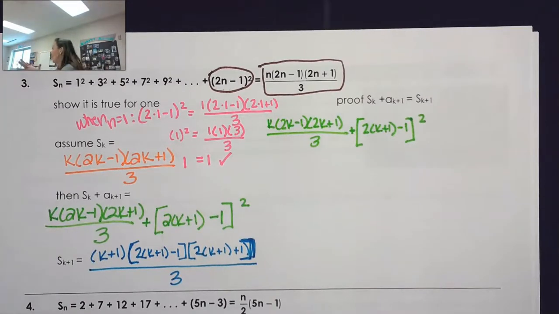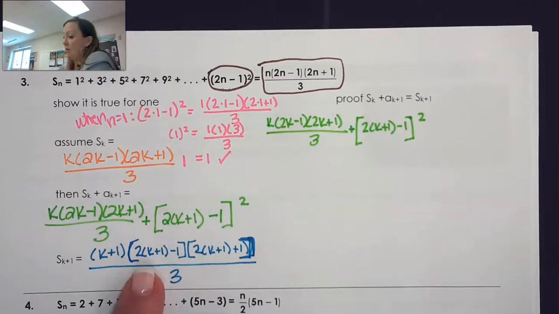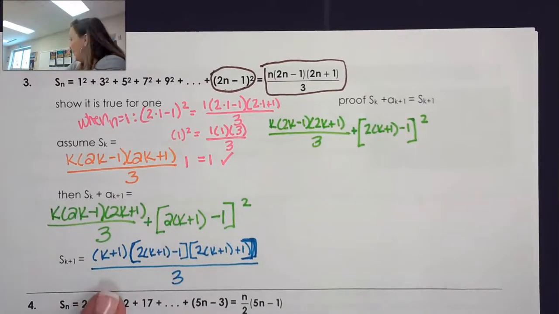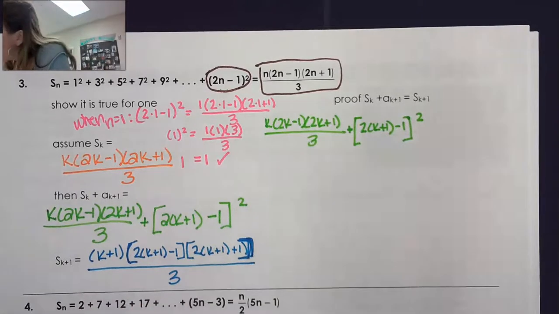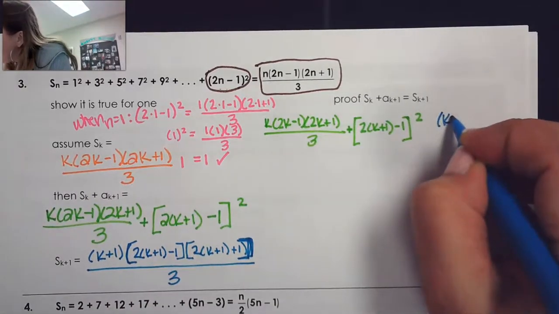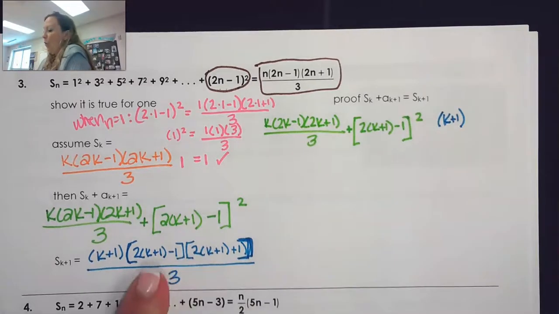Now here's where, David, if I'm doing my work this way, I'm going to simplify these different pieces here, okay? So I'm going to say, all right, this is k plus 1. What does 2 times k plus 1 minus 1 turn into? 2k plus 2 minus 1.